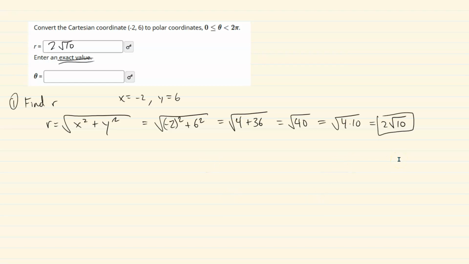Now we want to find, step 2, theta. If we wanted to find theta, we could use tangent of theta equals y over x.